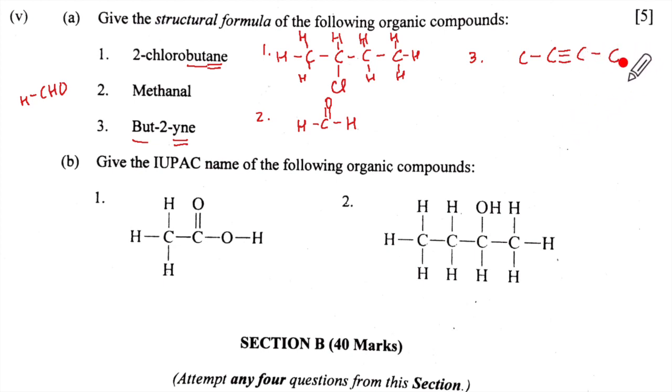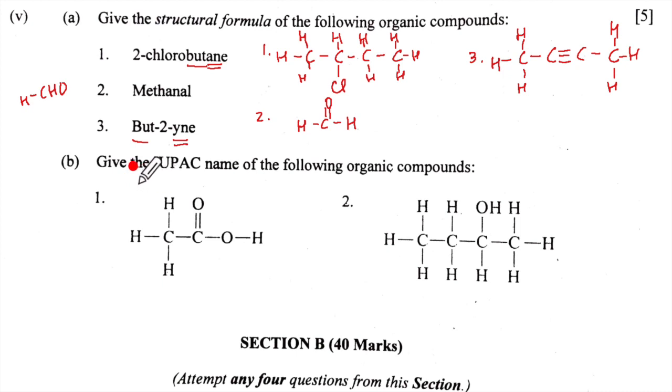Whether you count from here 1, 2, it will still be the same. So this is the correct position of the bond. Now we are going to write here all H's like so. This carbon has all 4 valencies, this carbon all 4 valencies satisfied. This carbon has only one valency, so 2, 3 and 4. So this is your 2-butyne.